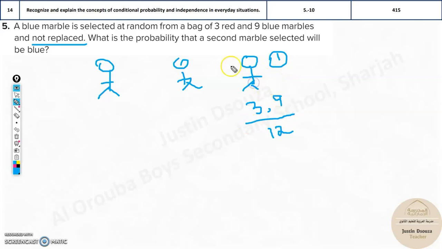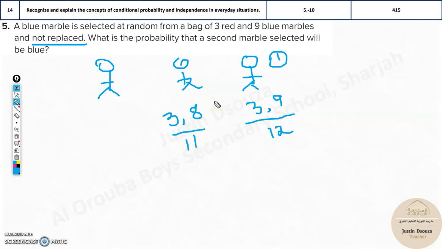Now imagine he takes one blue chocolate. So when you go to the second person, it is not replaced, because he takes it and eats it, right? It is gone. So the next friend will have 3 and 8. And what is the total of these? It's 11.